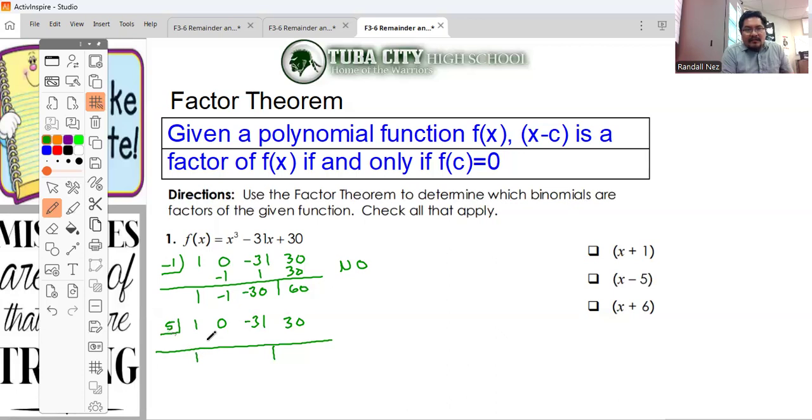Bring down the 1, times that by the number in the window. Combine, 5 times 5 is 25. Now 25 minus 31, we're subtracting a bigger number, so that's going to be a negative result. 5 times -6 would be -30, so that's going to be 0. So yes, this one is a factor.